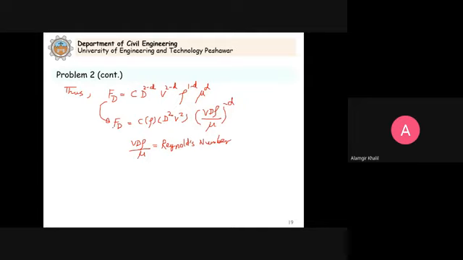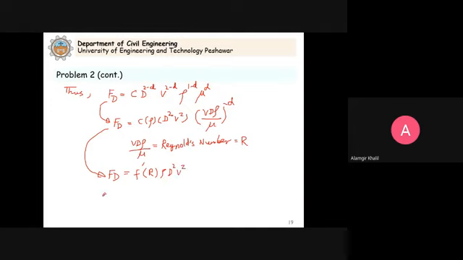So this equation here, FD, can be written as F prime of R, because that is the Reynolds number, times rho d square v square.